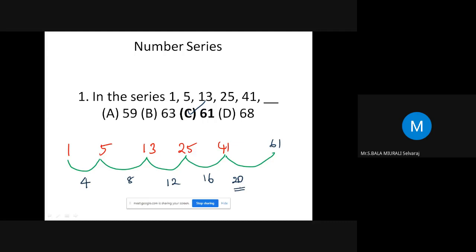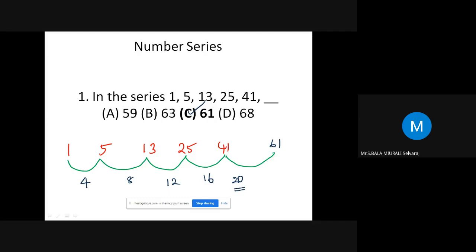The basics of mathematical reasoning is you should be comfortable with the tables 1 to 10. From 11 to 20, we have a shortcut method that we will teach anyway. And some 2-digit and 3-digit multiplication, you should be very fast. Square table, 1 square 1, 2 square 4, 3 square 9, up to 25, memorize.